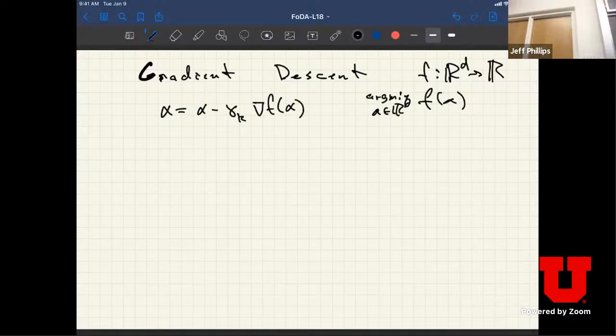And so you're asking about the line search, how to choose the best value of gamma that tells you how much you're moving, right?